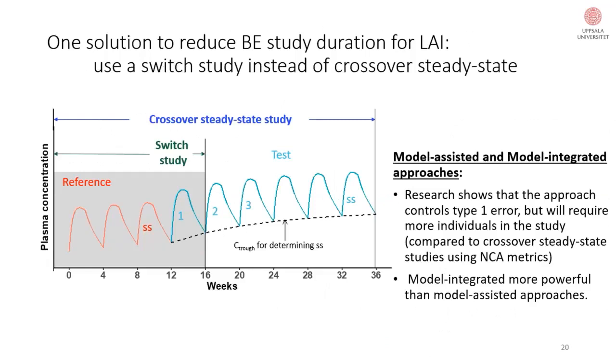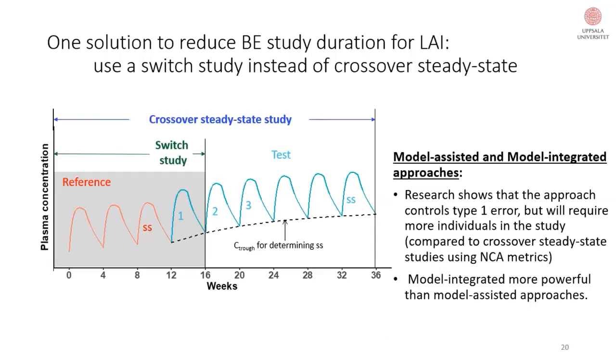So does this actually work? Well, if we look at the long-acting injectable situation where we might want to use a switch study instead of a crossover steady state study. And remember, the switch study would be much shorter, but when you switch, then you would still have reference product in the system, so the observations are sort of contaminated.